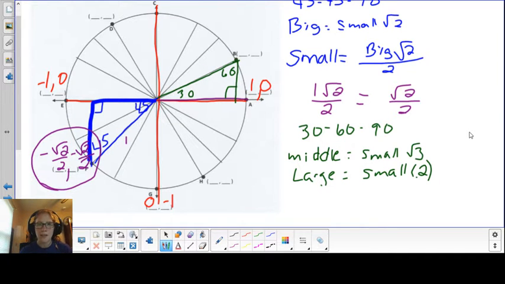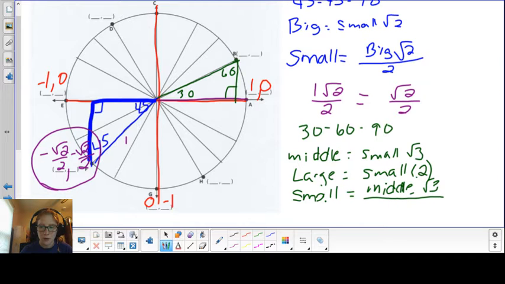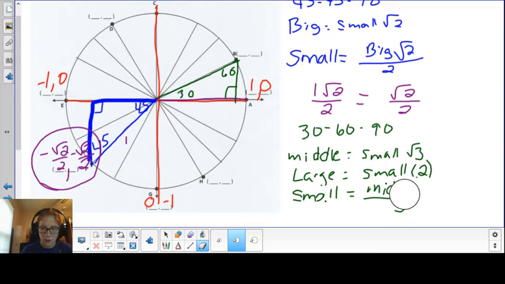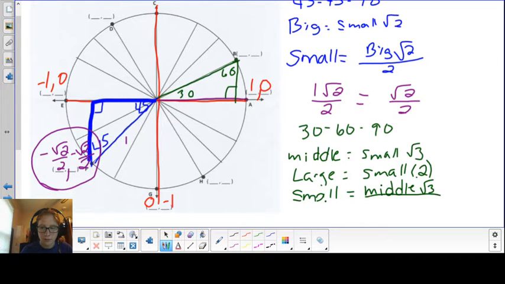What about if I need my small side and I have my middle side? I'm going to take my middle times the square root of 3 divided by 3. I know that's not written the best, so I'm going to try and rewrite it so it's a little easier to read because I see that my finger jumped.